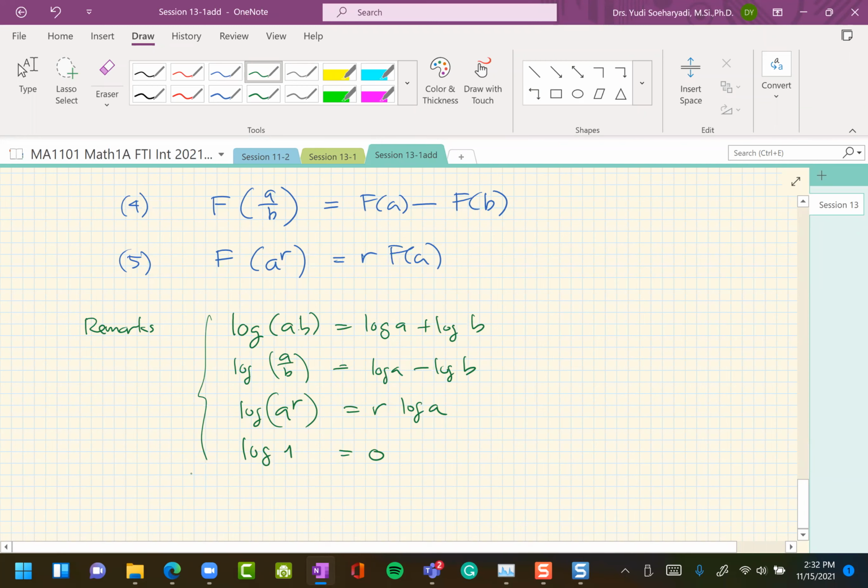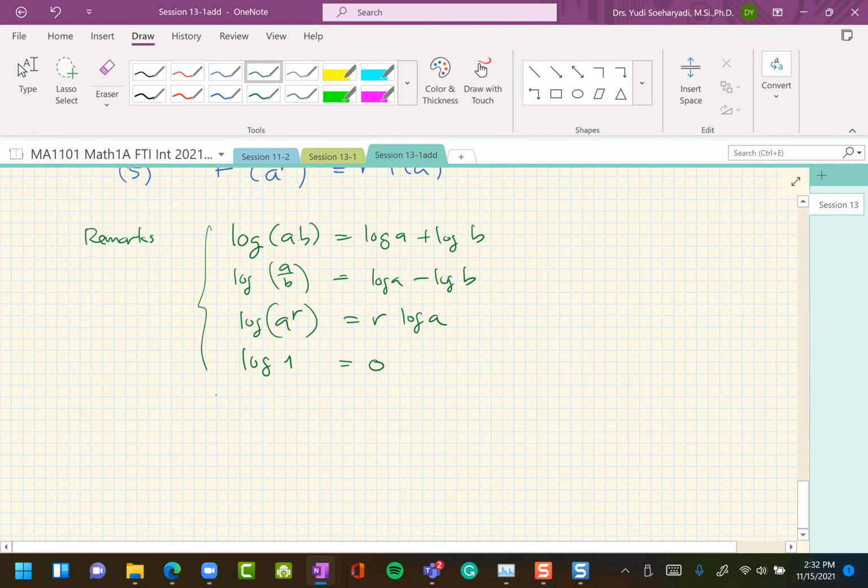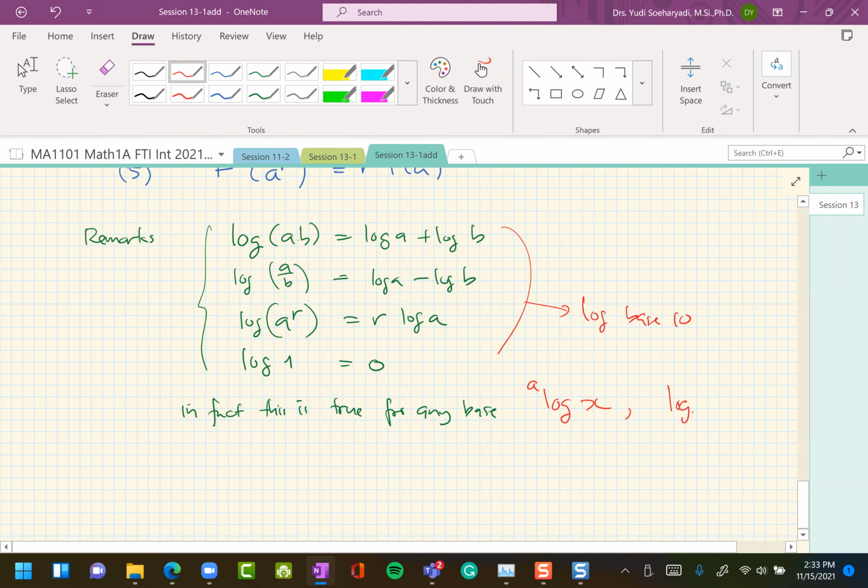Okay. So in fact, this is true for any base. This is base 10, right? Log base 10, or any base. So we usually write something like this. Some prefer to write it right here, base A.